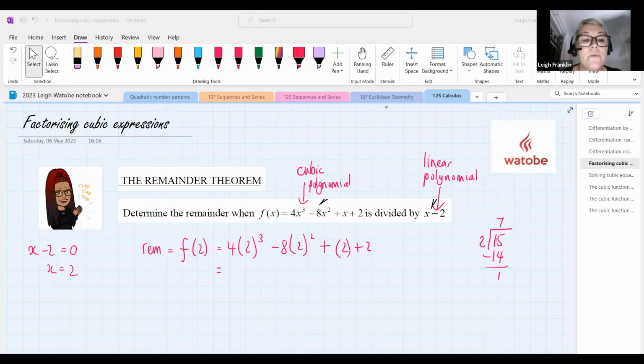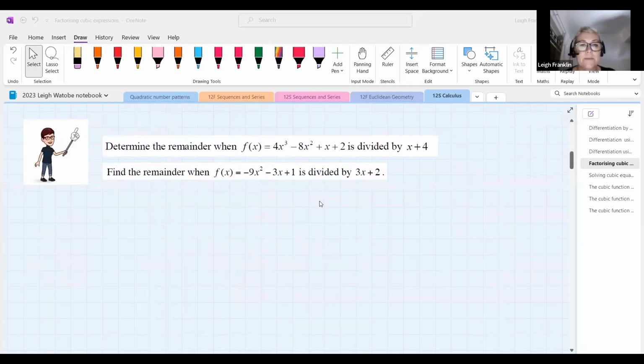So the answer would be 4 in this case. Your remainder is 4. Okay, I'm going to move on. Is everybody happy? Are we thumbs up? Any questions? Easy enough? Cool. Okay, moving on.